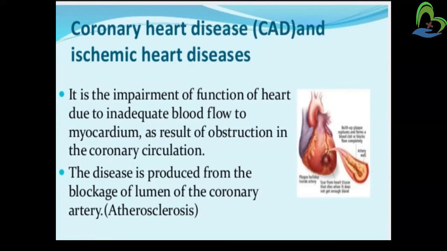The obstruction occurs in the coronary artery, and due to that the normal blood flow will be altered, the heart cannot get adequate blood, and the function of the heart will be affected. The disease is produced from the blockage of the lumen of the coronary artery. As I said, mainly this disease is caused by the blockage of the coronary artery.